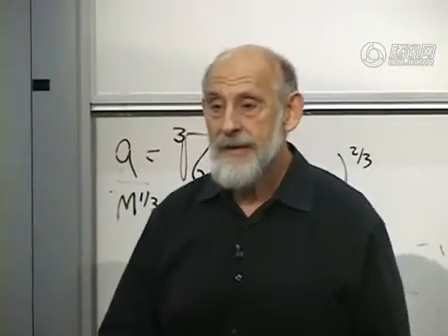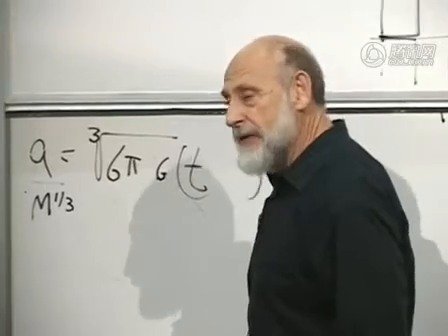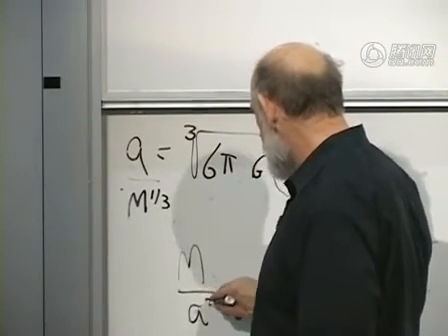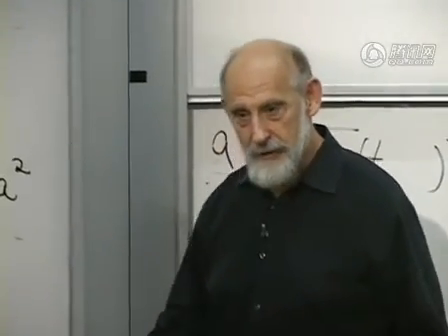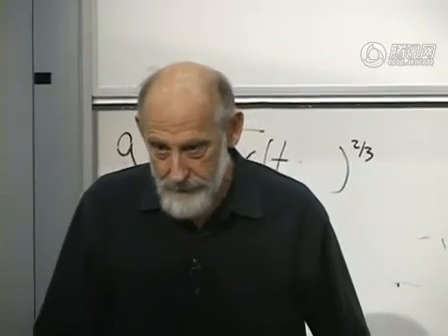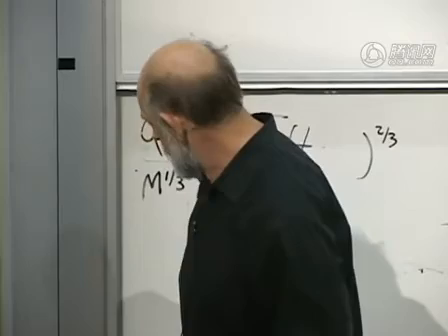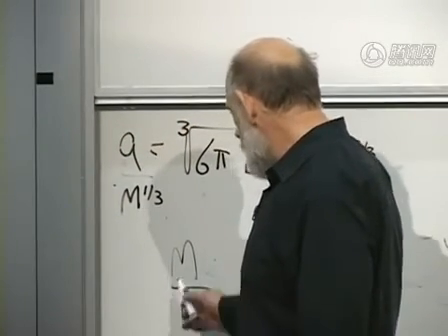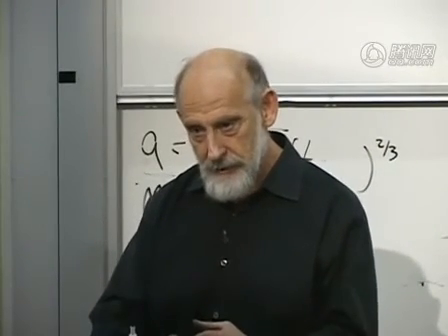A over m to the 1/3 is related to m over A cubed, is it not? This is the density, and that's the thing which is physical. That's the thing which has real physical meaning. m was defined to be the mass within a unit box, an A cubed box.